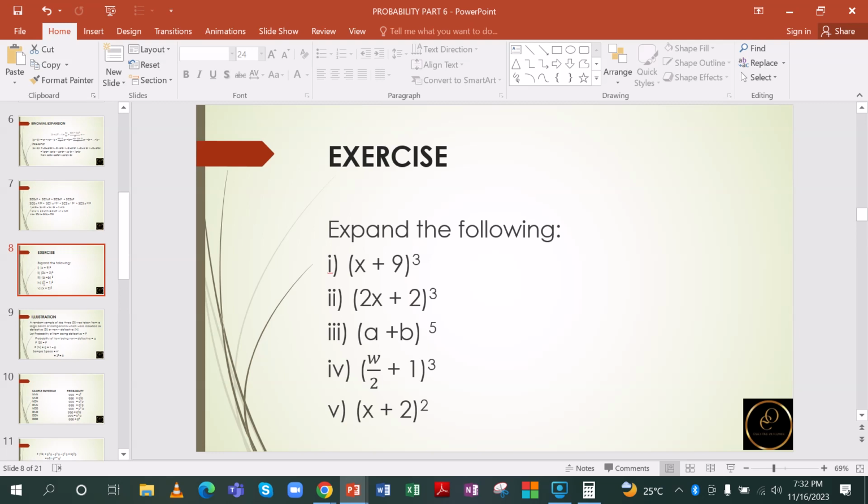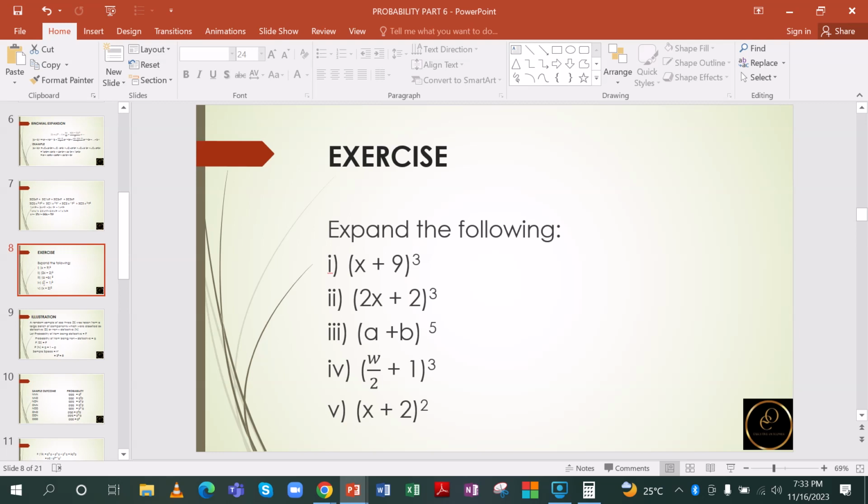Meaning that here you have 4 pairs of x9. Here you have also 4 pairs of 2x times 2. Then you're going to have 6 pairs of AB, 6 of them because the power is 5. You just increase the pairings by 1 more than the power it is raised to.